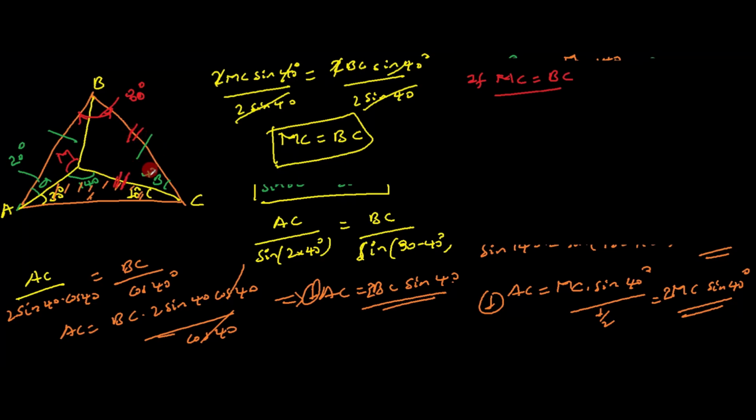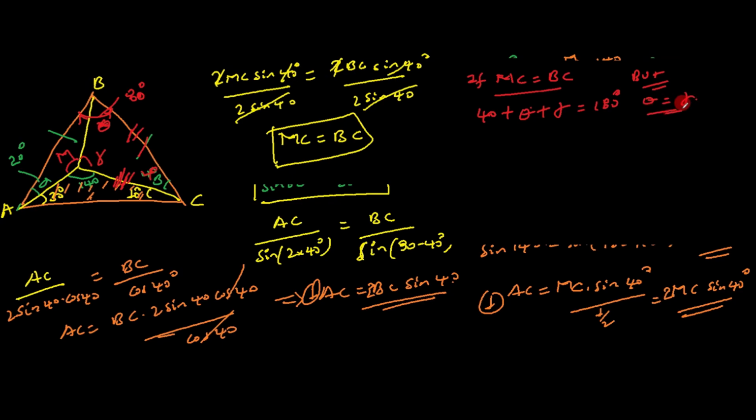So how much is this angle? This is 40 degree, right? So what does it mean? 40 degree plus, assume this one is theta, this one is gamma. Theta plus gamma plus 40 is equal to 180 degree. But since this side and this side are equal, theta is equal to gamma.